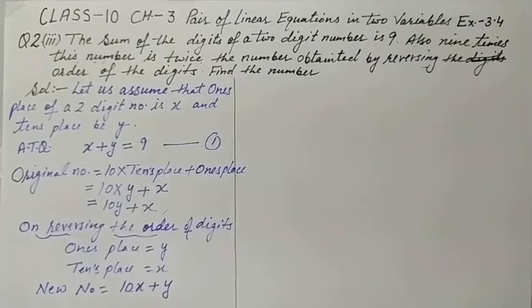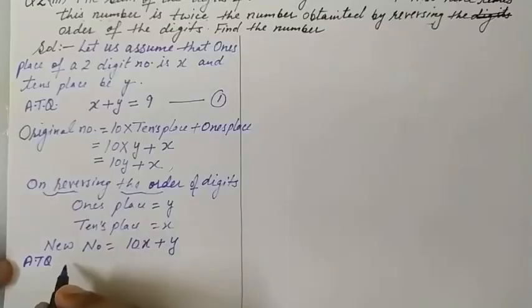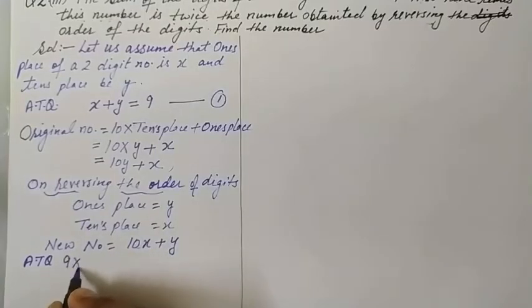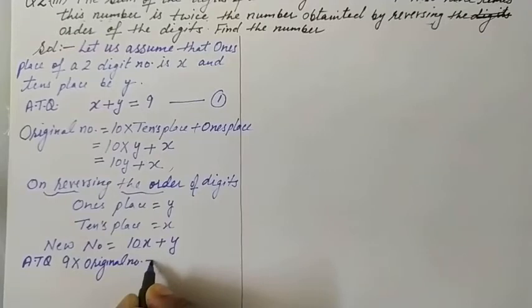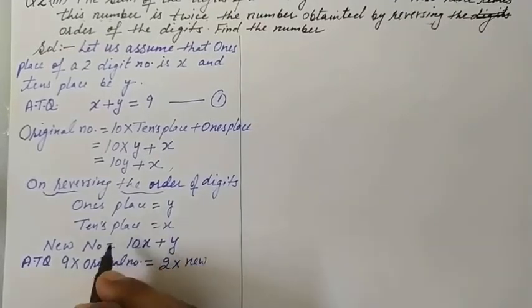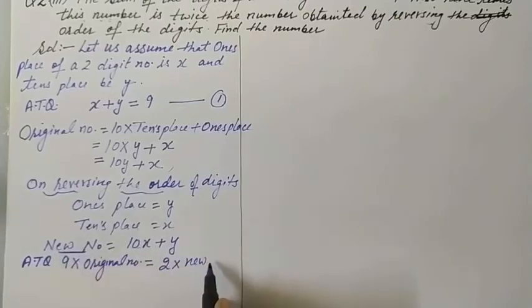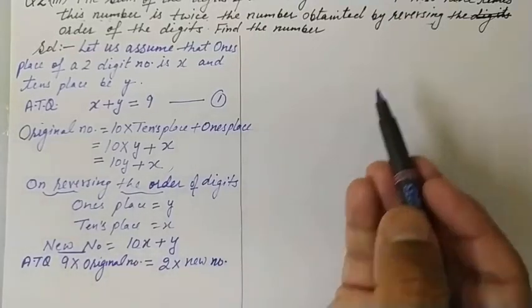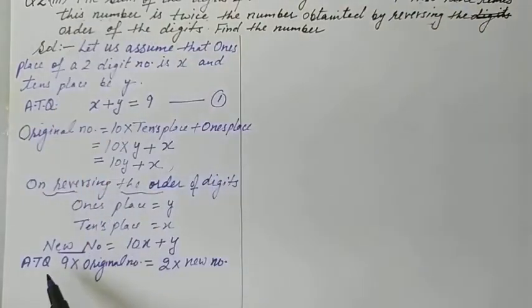So let's write here. According to the question, 9 into original number is equal to 2 into new number. He said that 9 times the original number is twice the number obtained by reversing the digits.